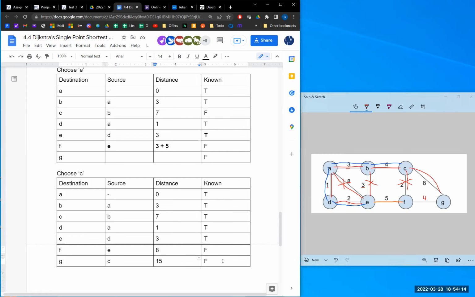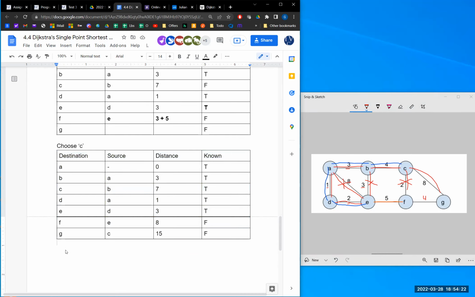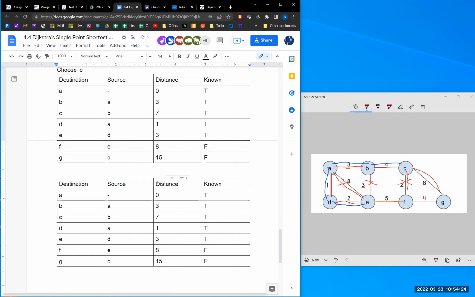And that's where we are after choosing C. 2 vertices that we don't know how to get to yet, and 2 potential paths that we're building. Right, chose C, so we set that to true, and we added G in here. 7 plus 8, it was just 15. Okay.